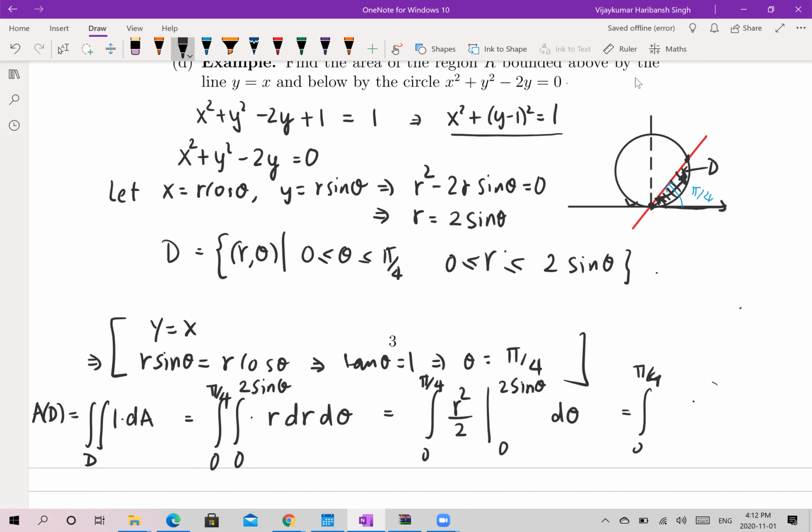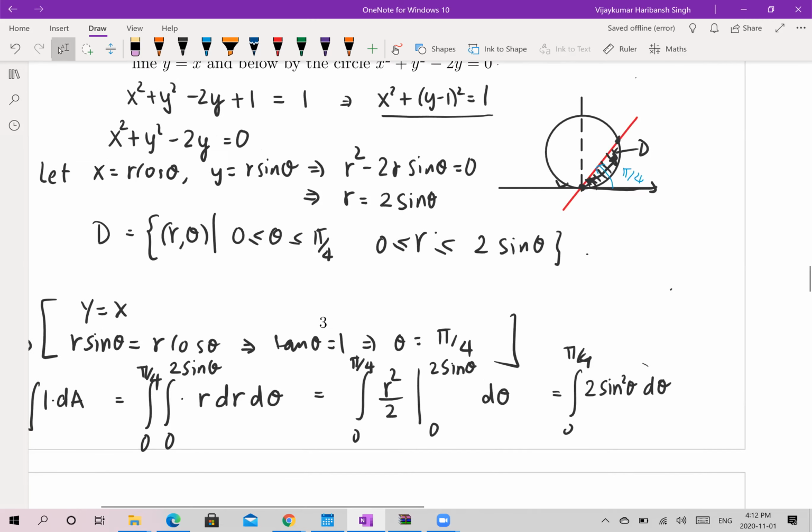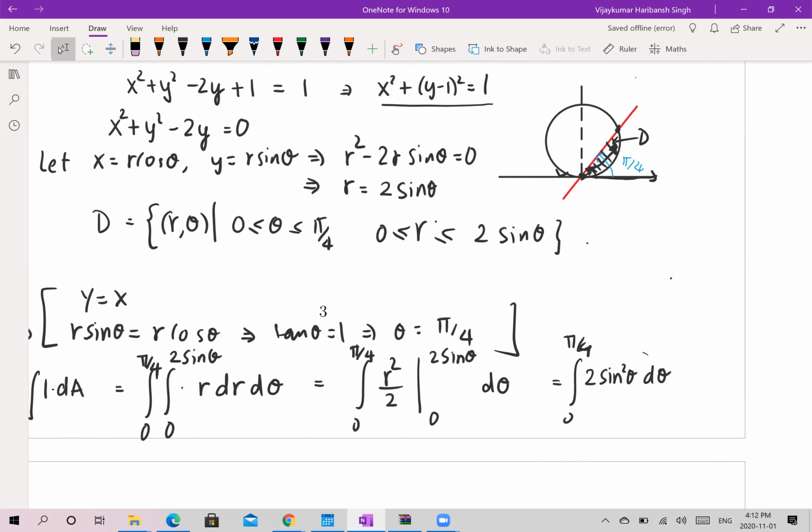This is going to be 4 sine square theta by 2, so it's going to be 2 sine square theta d theta. However, this can now be solved using the double angle identity. So this is going to be 0 to pi by 4, 1 minus cos 2 theta d theta.